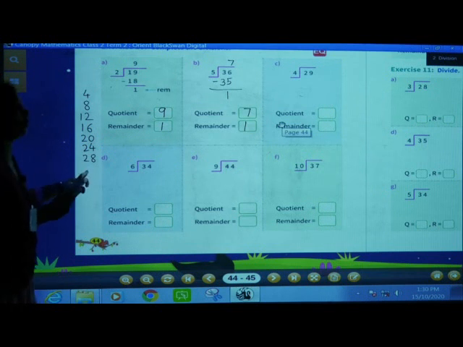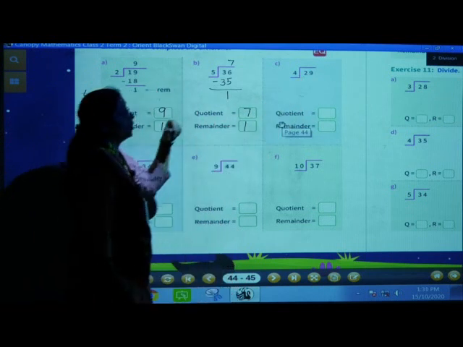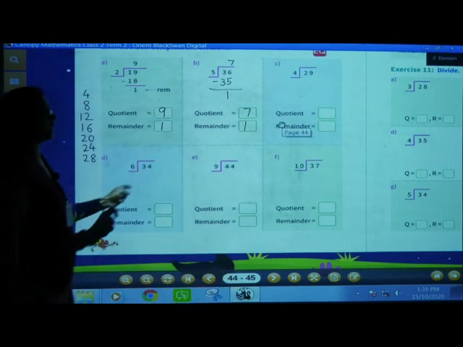Why? Because 32 is bigger than 29. We have to take a smaller number than 29.